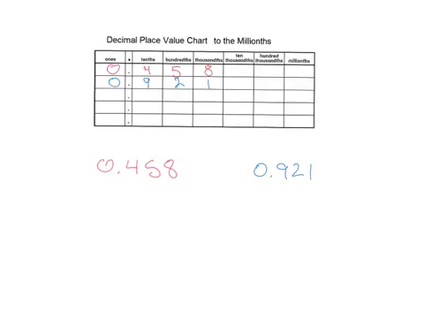I always start left to right because the farthest place value to the left is the biggest one, and whichever one wins out in the biggest place value is the one that is larger. You can see here, the ones is the first place value listed, and I have zeros in both of them, so they're tied, so we move to the next one. We always start at the left and move to the right because we want to start with the largest place value.